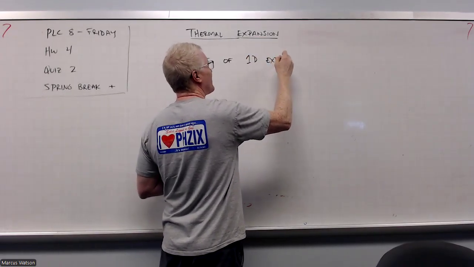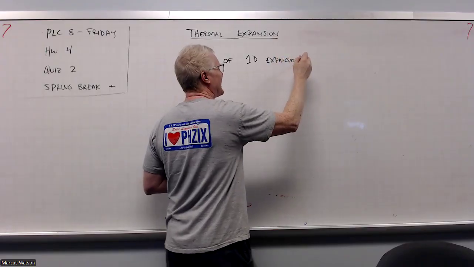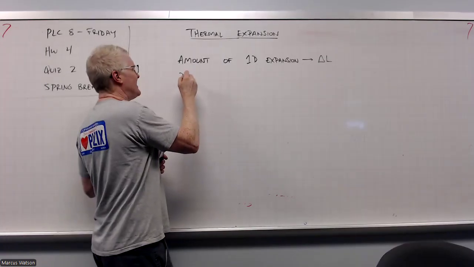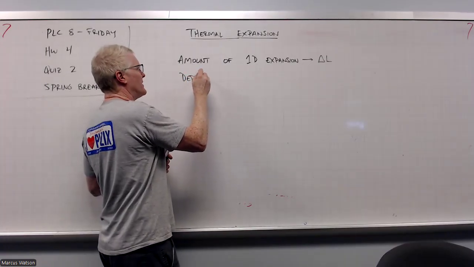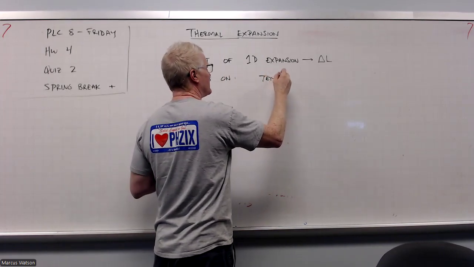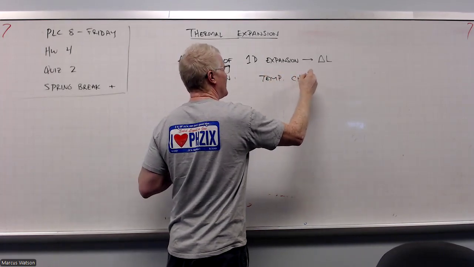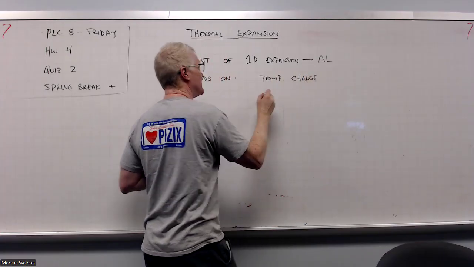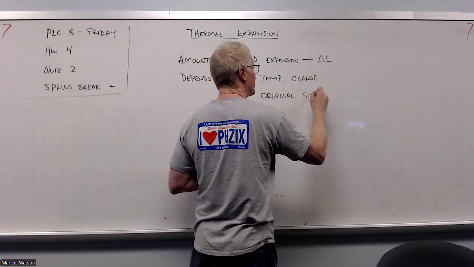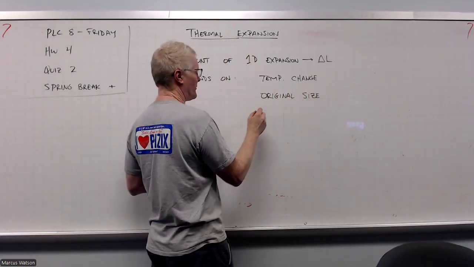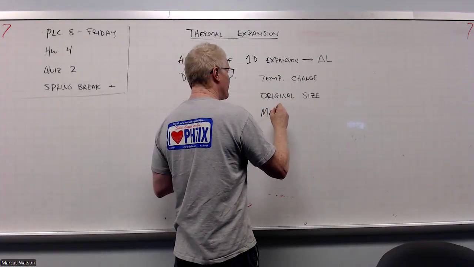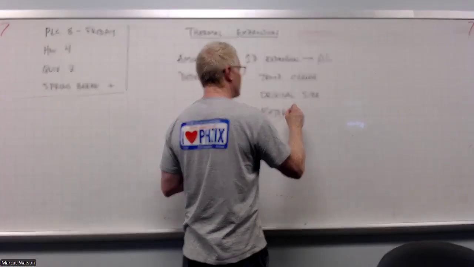So the amount of 1D expansion, in other words, the change in something's length, delta L, right, should depend on those 3 things I mentioned: the temperature change, the original size of the material at some lower temperature, and then also a coefficient which is material dependent.